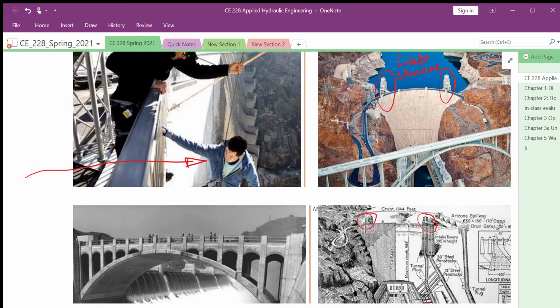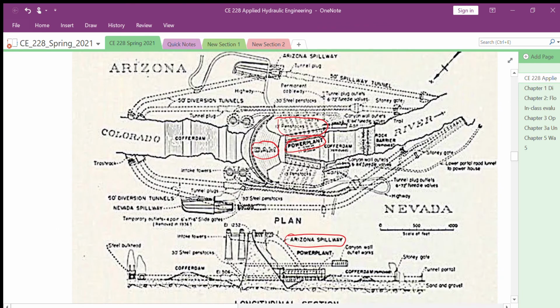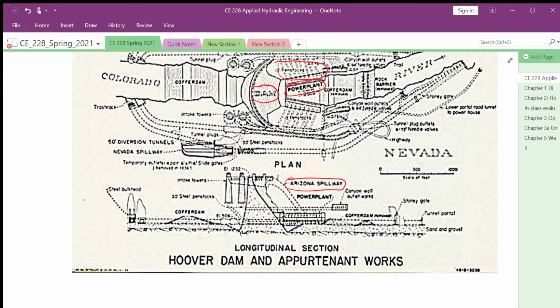Other than that, in many dams, particularly the large ones, there are spillways. There are main spillways and there are auxiliary spillways. And I don't know if you remember, I think back in 2017, there was an auxiliary spillway failure in the Oroville Dam in California, which had led to a massive evacuation. Several hundreds of thousands of people had to be evacuated to avoid loss of lives.